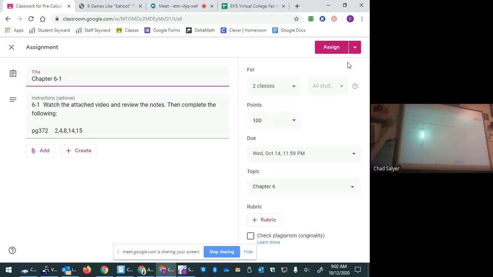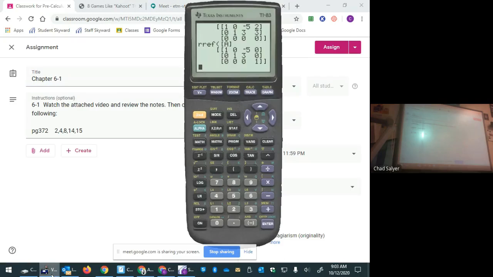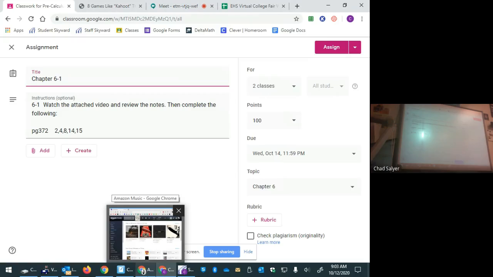All right, guys, so here's your homework for the lesson. Page 372, 2, 4, 8, 14, and 15. And follow the instructions. There'll be cases where it asks you to work it out. And again, doing it one time is worthwhile.